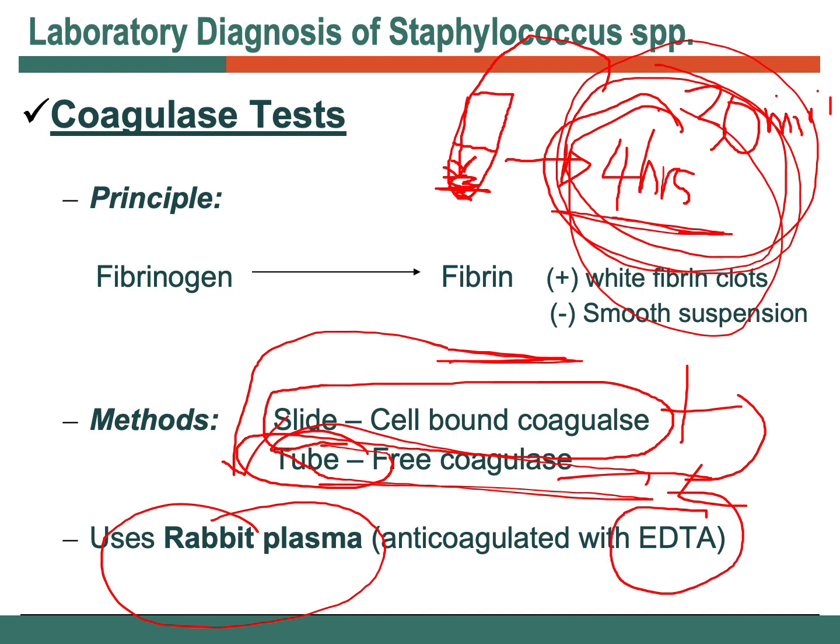Do not use citrate, okay, citrated blood, because citrated blood can cause erroneous results. So always use the EDTA tube.